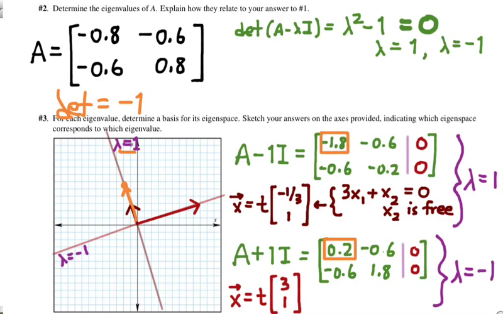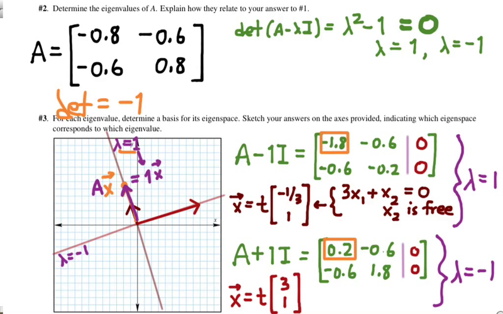If I start with a vector x which is in this lambda equals 1 eigenspace, what happens when I apply the matrix A to it? Because it's in the lambda equals 1 eigenspace, Ax is going to equal 1 times x. So what happens to those vectors when we hit them with A?